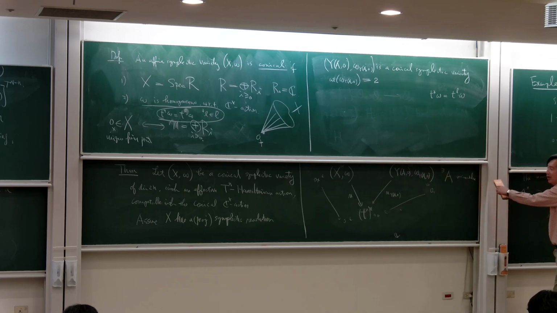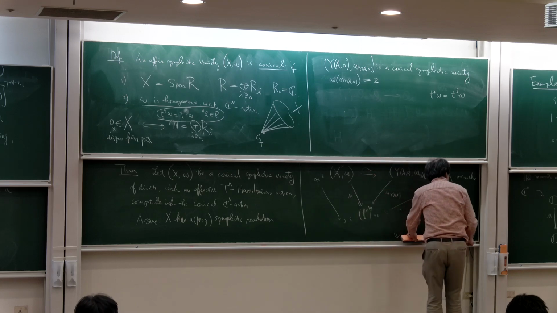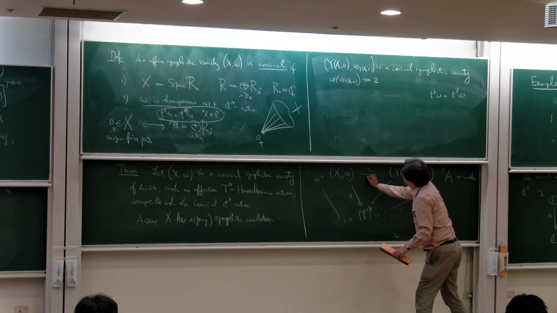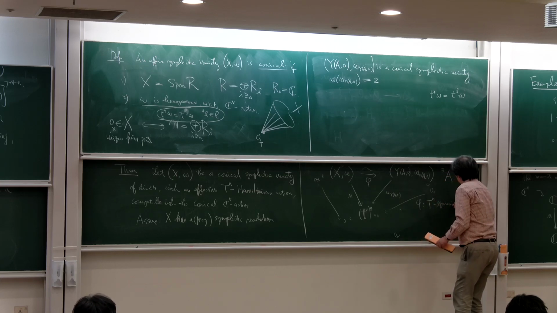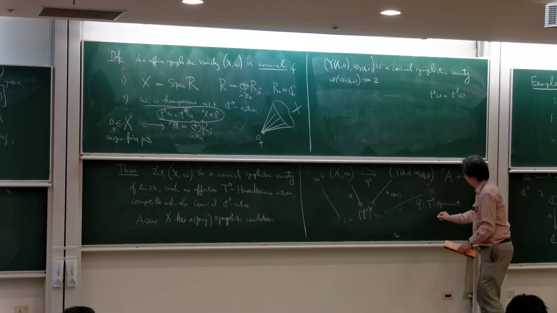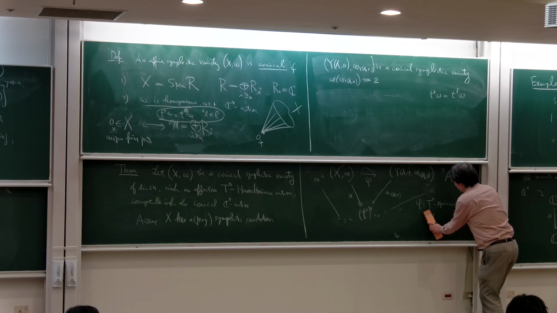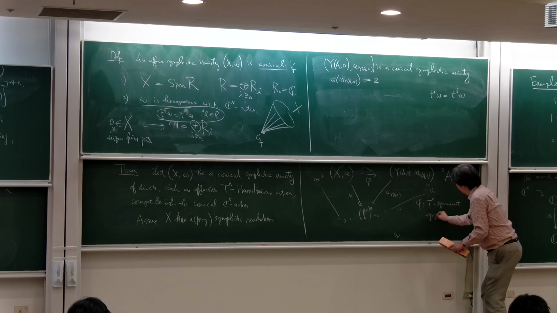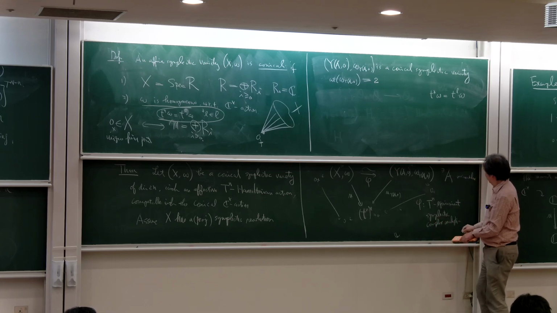Then there is a T^n-equivariant map phi, which is a T^n-equivariant complex analytic symplectic isomorphism.